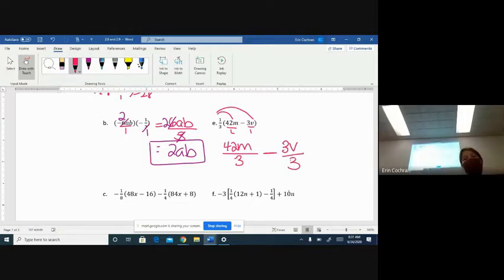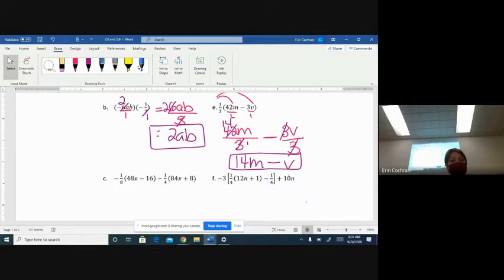Now let's simplify. What's 42 divided by 3? 14 over 1. So we have 14m minus, and what's 3v divided by 3? Just v. Can I combine 14m minus v and make it 14mv or 13mv? No, they're not like terms, so you leave them there.